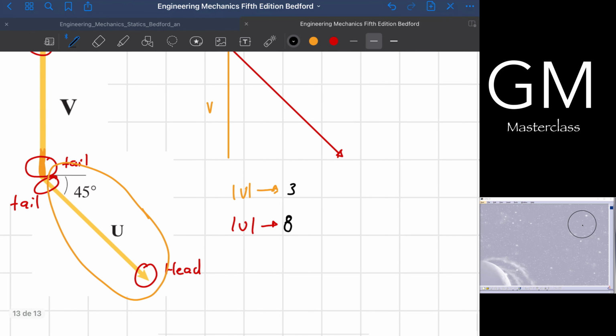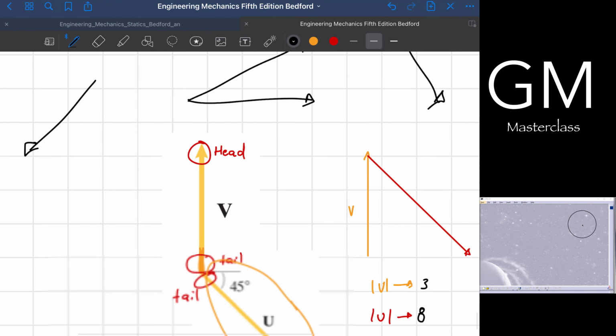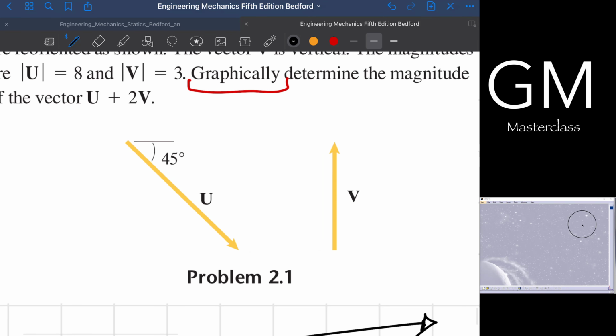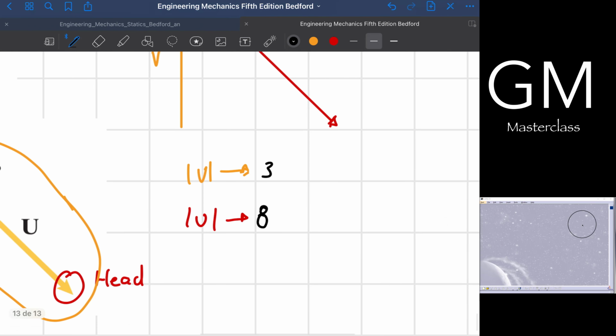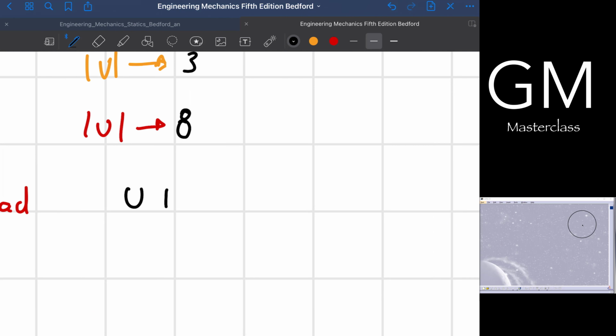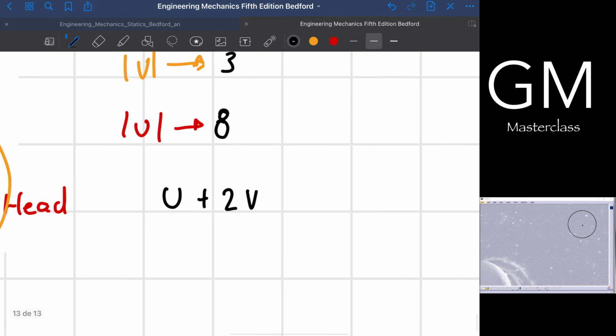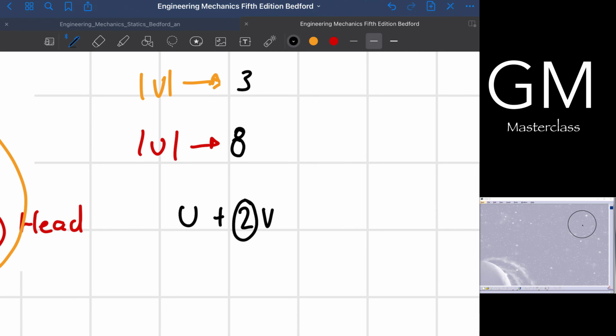Alright, but they are telling me that the operation of vectors that I have to do is u plus 2b. Right, so u plus 2b. Because this is a scalar, I can just multiply it with the magnitude of b.